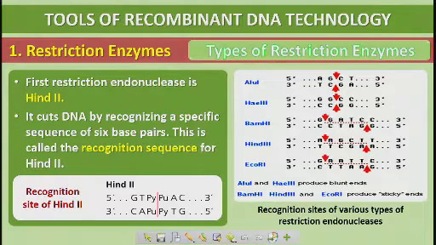The first restriction endonuclease is HindII. It was the first restriction enzyme which was discovered. It cuts DNA by recognizing specific sequences of 6 base pairs. This is called the recognition sequence for HindII.